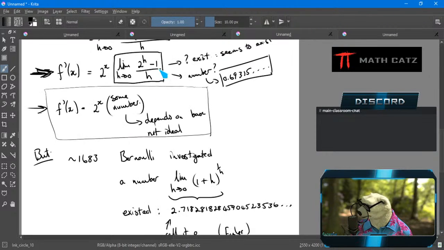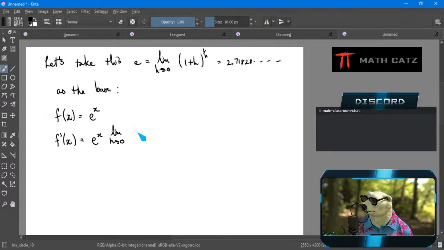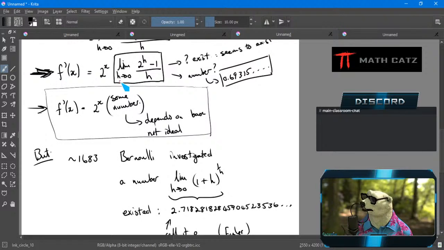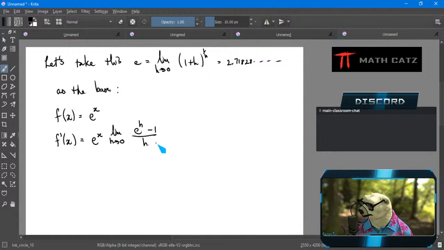What did I get here? The original base to the h, minus 1 over h. It would follow the exact same. Changing the base replaces the 2's with whatever the new base is, and I have the same issue.